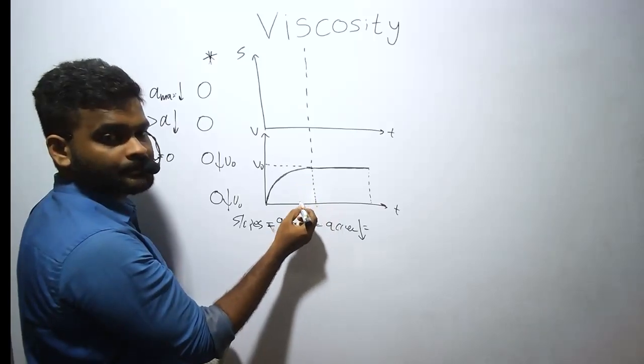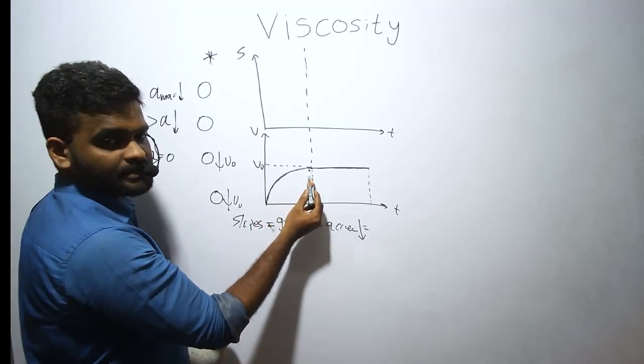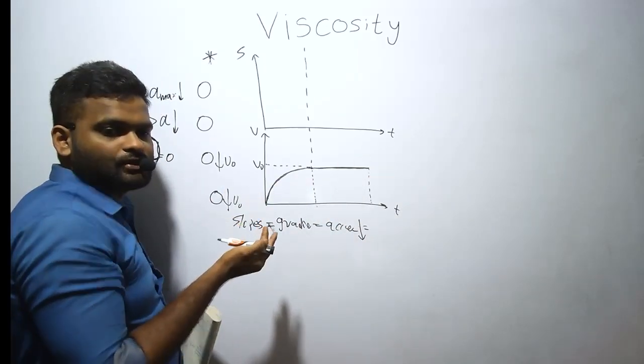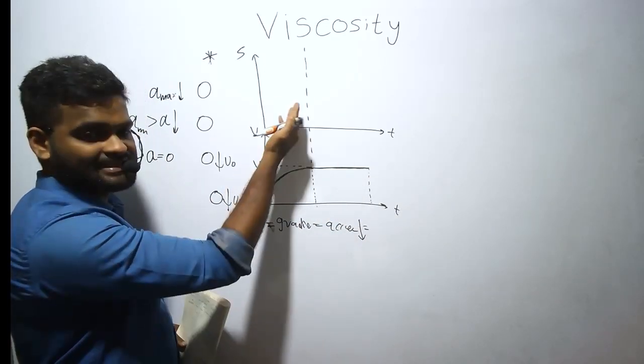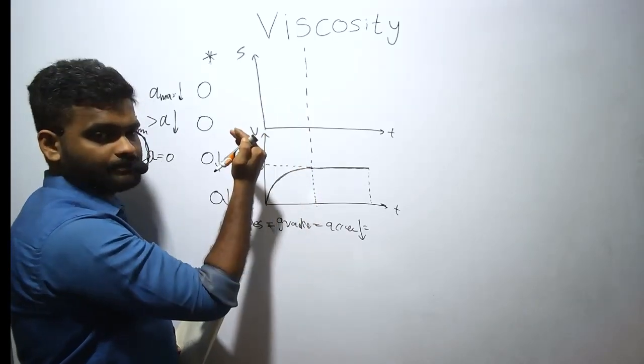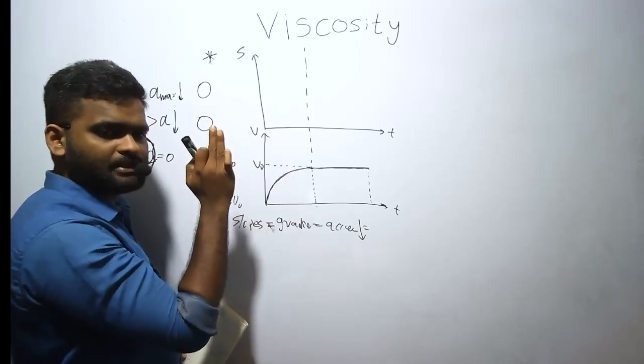Right. So here what has happened? Velocity increases, right? Then becomes a constant. We cannot clearly show the acceleration increasing in a ST graph. But we can only show the velocity there. So in a ST graph, velocity means gradient.